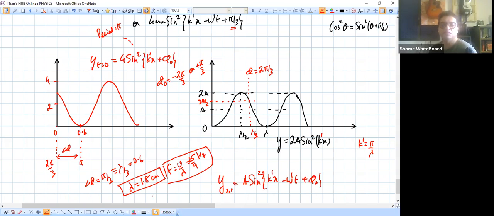So your k prime will become now pi by lambda because the period of the sine square function is pi, the fundamental period. And similarly, your omega prime will be equal to pi f. Okay. And phi naught will be, we can take it as pi by 3 or minus 2 pi by 3. It's one and the same thing. So you can see that this function is the same as what we had got by mathematically manipulating the earlier one.